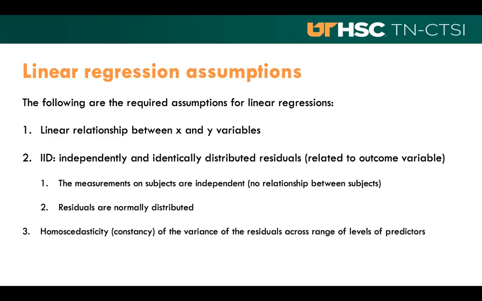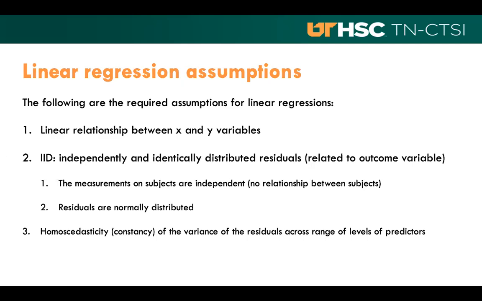If the observations are repeated on the same participant, again, the observations are not independent. For us to use the linear regression analysis, the observations on the subject have to be independent. That means if the data are repeated measurements, we can't use linear regression. We have to use other methods.